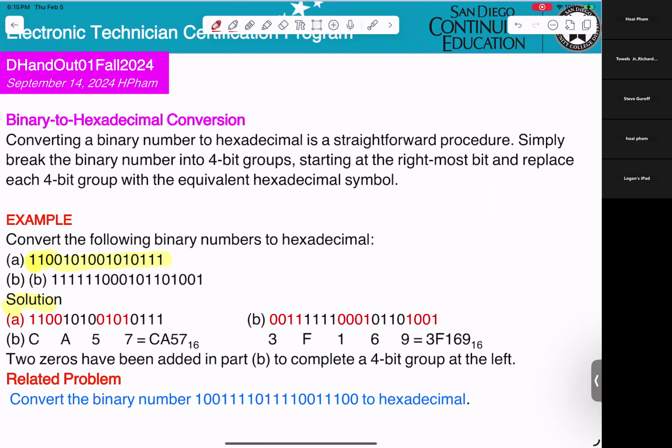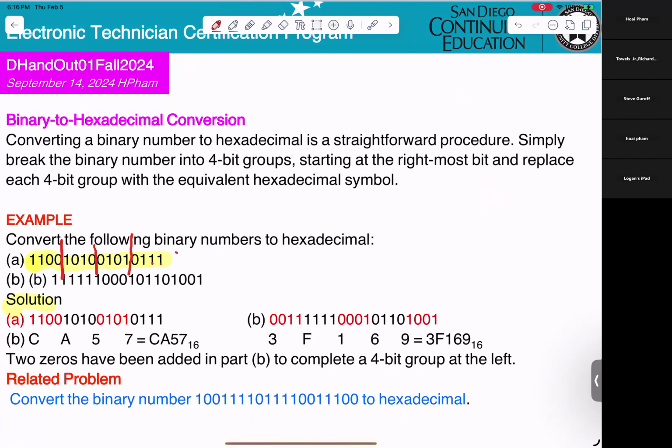What you can do, first thing, you count 1, 2, 3, 4. That's the first number. Next, 1, 2, 3, 4. Next. And now you convert it.